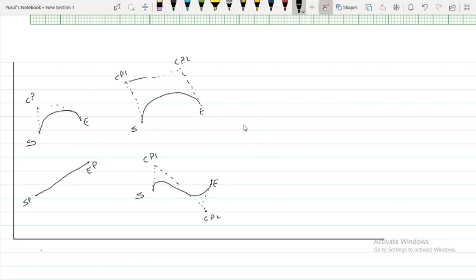Similarly, you can construct the curve by using three control points also. Suppose start point is here, end point is here, one control point is here, one control point is here, and one control point is here. Then we can construct the curve.